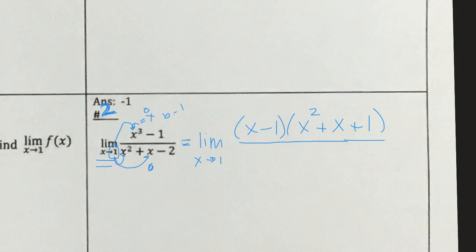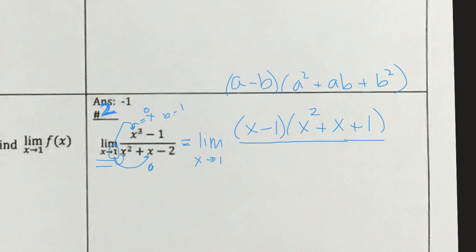Okay, so that is our factorization. If we have an a minus b, then it factors to this a squared minus ab plus b squared. Right, that is our special cubic factorization for an a cubed minus b cubed problem.